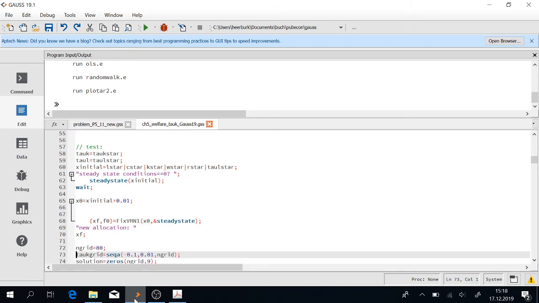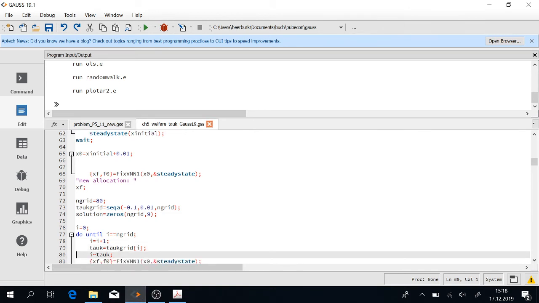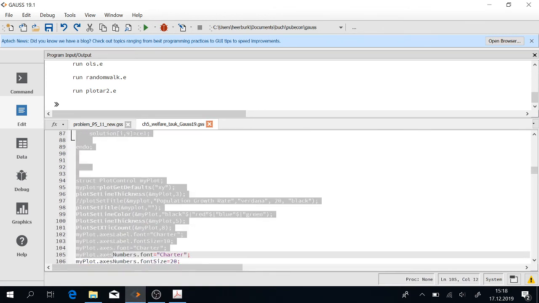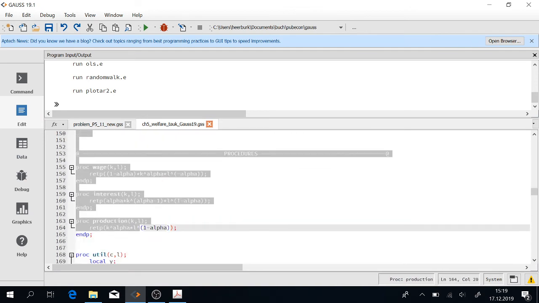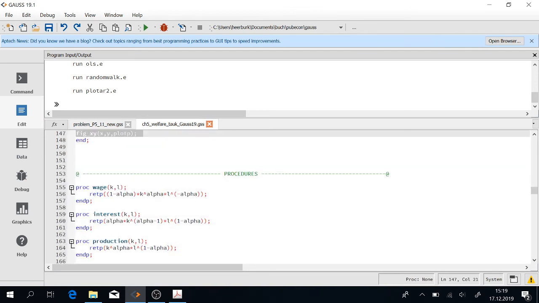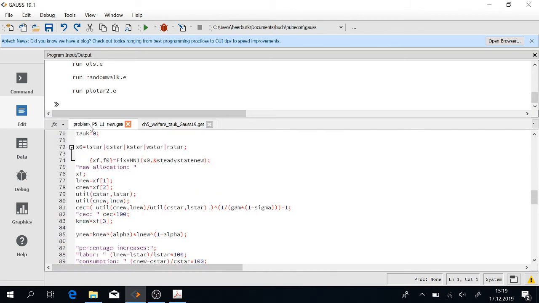And next, we just delete the remaining part of the main program because we will not use it anymore. So we do not compute the solution for different tax rates on capital income tau k, which are balanced by a labor income tax rate, but we can just erase it and save the resulting file as problem P511 new.gss.